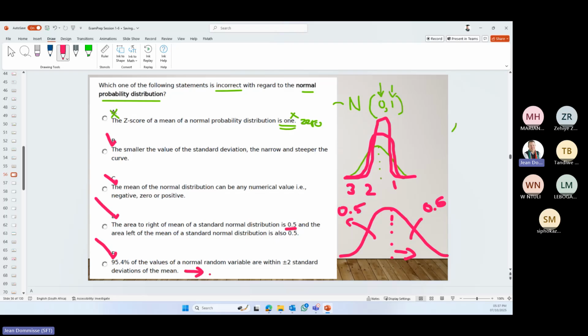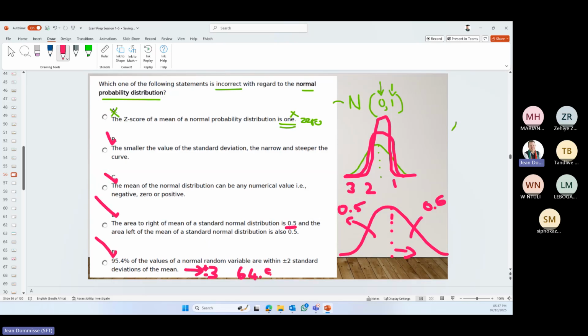They normally have where you look at 3 standard deviations, then it is around 64.5%. 2 standard deviations is around 95%. And if you look at plus minus 1 standard deviation, you look around the 99% level.